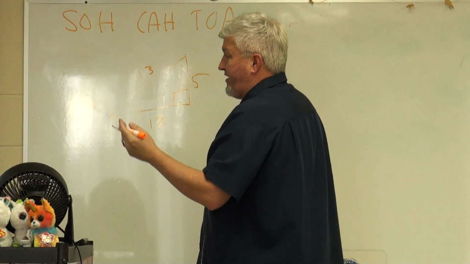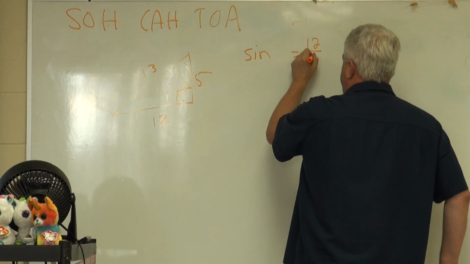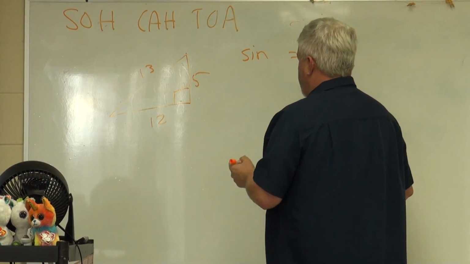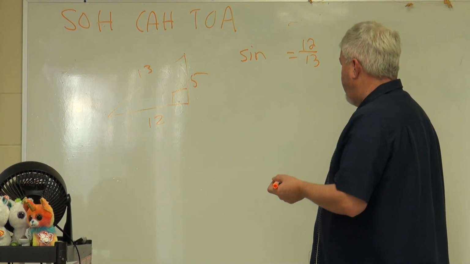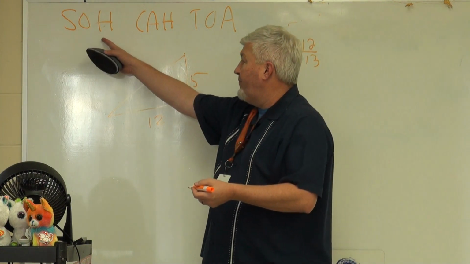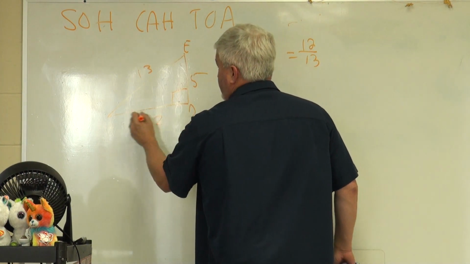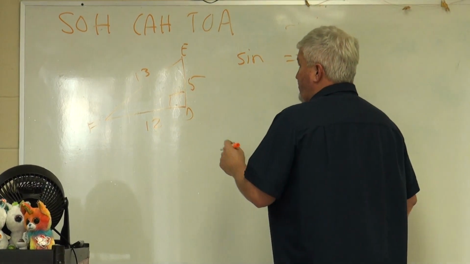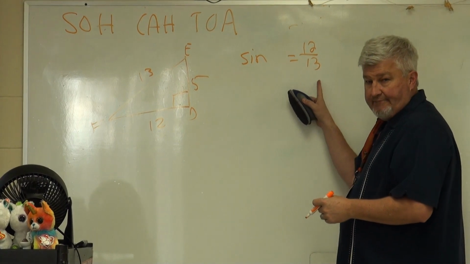We want to get to where it says the sine equals 12/13, which means the opposite over the hypotenuse. And let's see, this is angle E, D, and F. So which of those angles, E or F, has a sine that is 12/13?